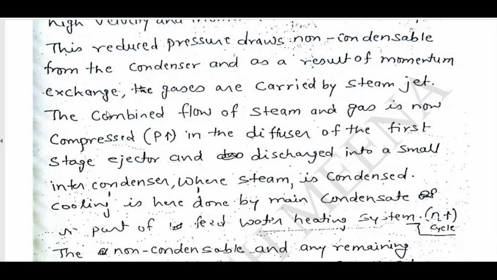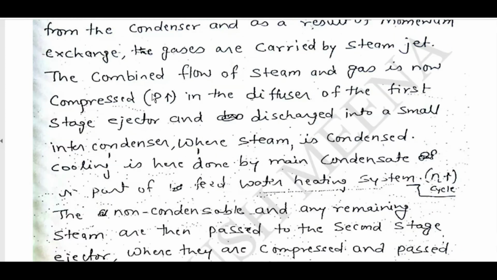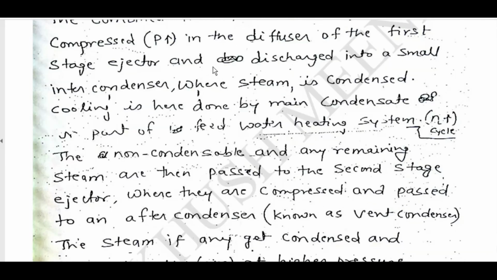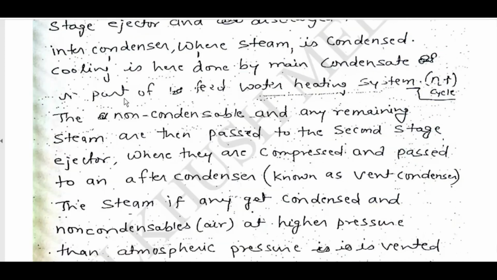As a result of momentum exchange, gases are carried by the steam jet. The combined flow of steam and gas is now compressed, pressure increases in the diffuser of the first stage ejector, and discharged into a small intercondenser where steam is condensed. Cooling here is done by main condensate, part of the feed water heating system.